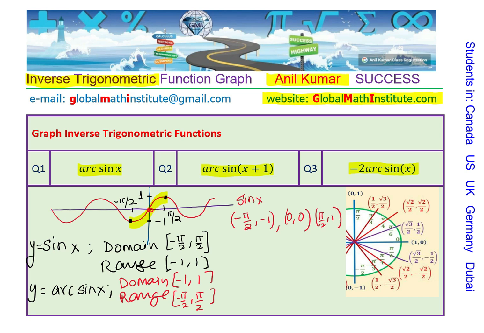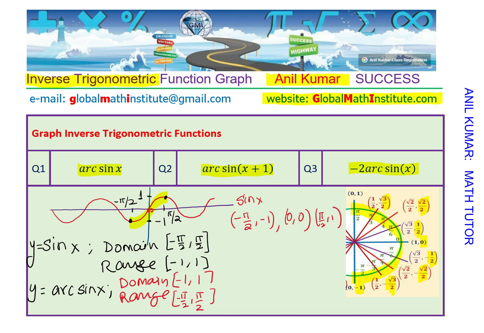I've also taken the unit circle here, and you'll see we are considering from minus pi by 2 to pi by 2. All these y values could be the points on the graph of sine inverse x. Swap them and get the points.